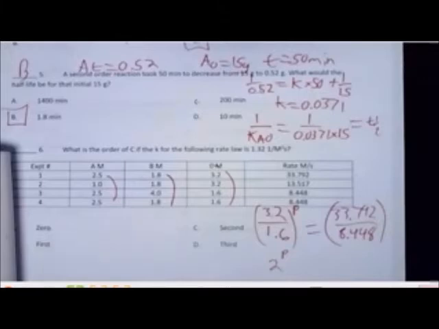Here it goes from 3.2 to 1.6, halving, to the factor of P. And that goes from 3.3792 over 8.448. So we don't even really need to look at the other things. 0.792 divided by 8.448. So that's 2 to the p equals 4.